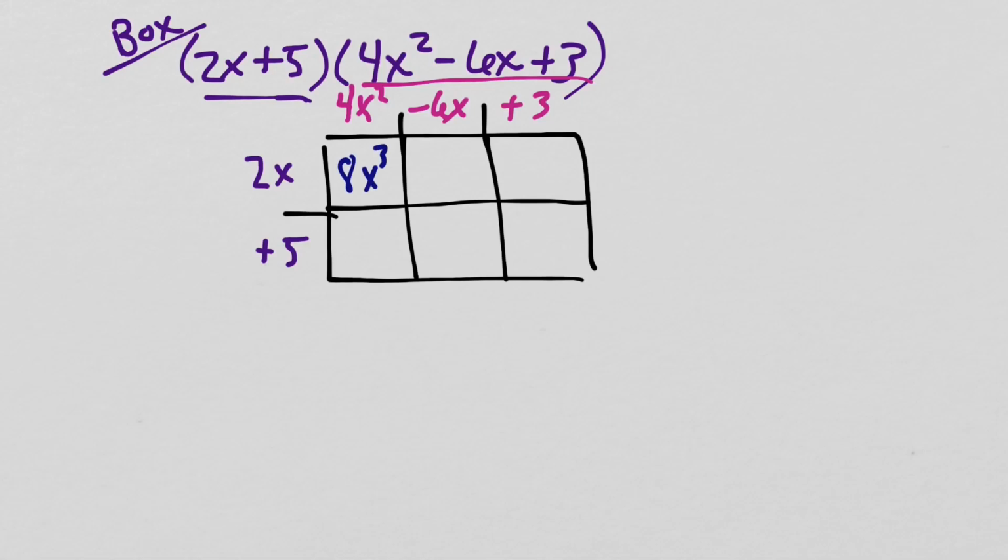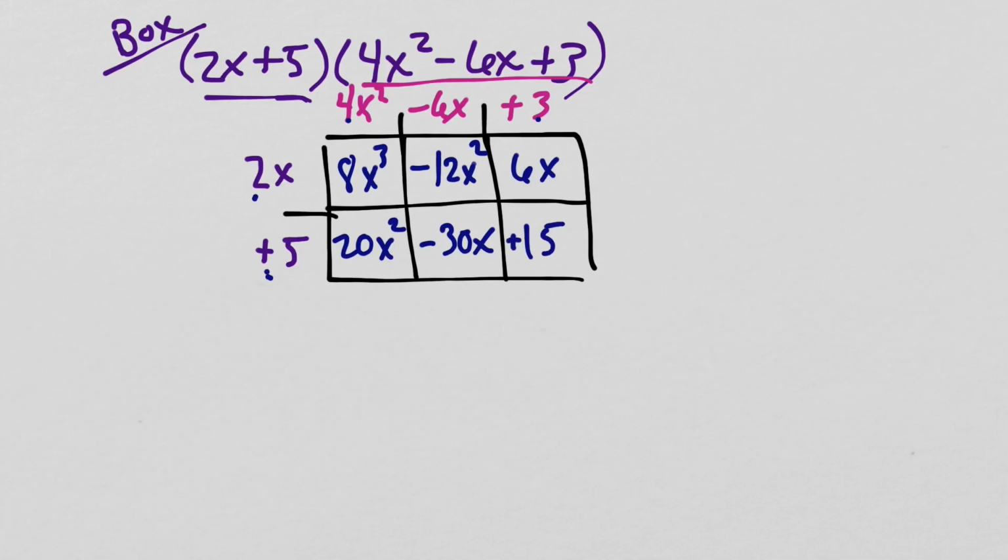The 2x is going to multiply by the negative 6x to give you negative 12x to the second. This 2x is going to multiply by 3 to give you 6x. Then we'll continue. 5 multiplies by 4x squared, and that is 20x to the second. 5 times negative 6x is negative 30x. 5 times 3 is 15.